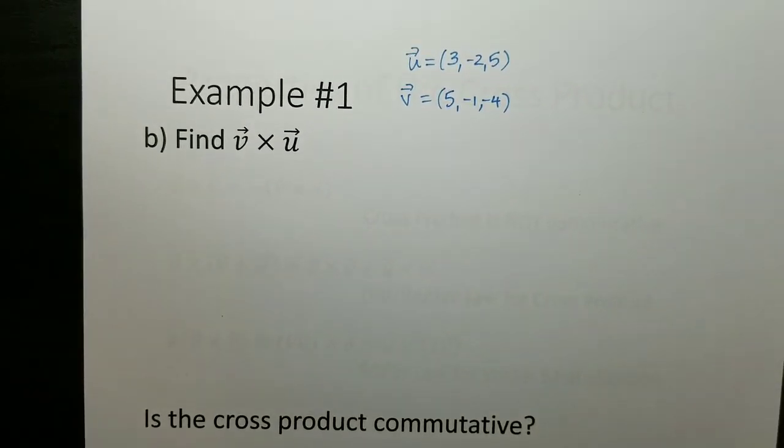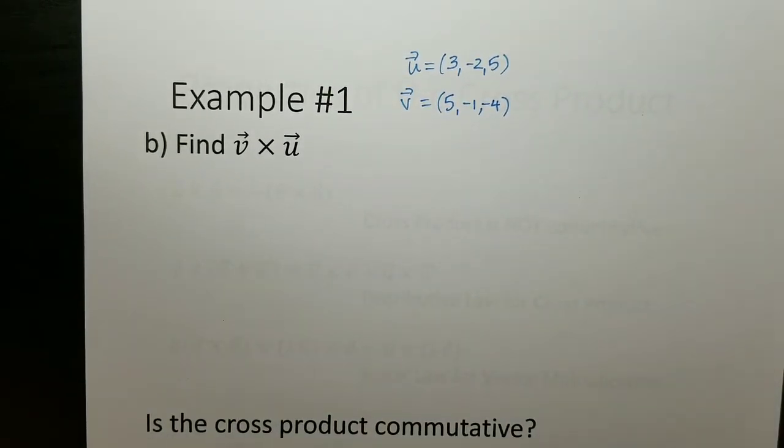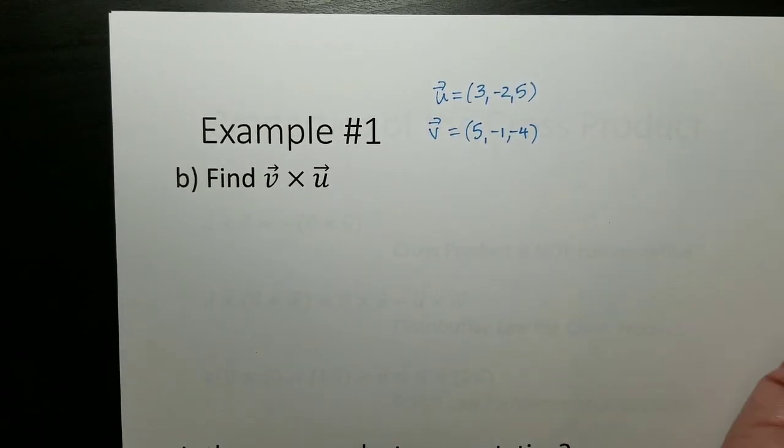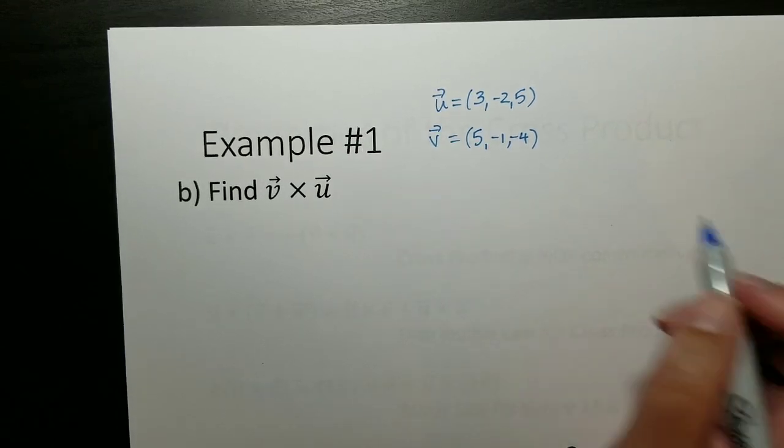It didn't matter the order that you did that in. It would be the same. U dot V is the same as V dot U. Is that the same for cross product? So we're going to do it with this one little example and figure out whether that's true.